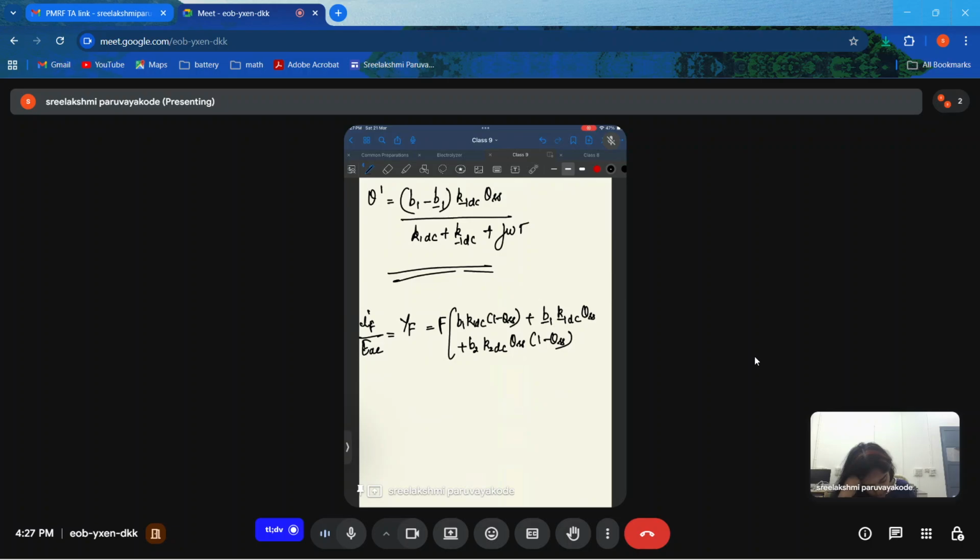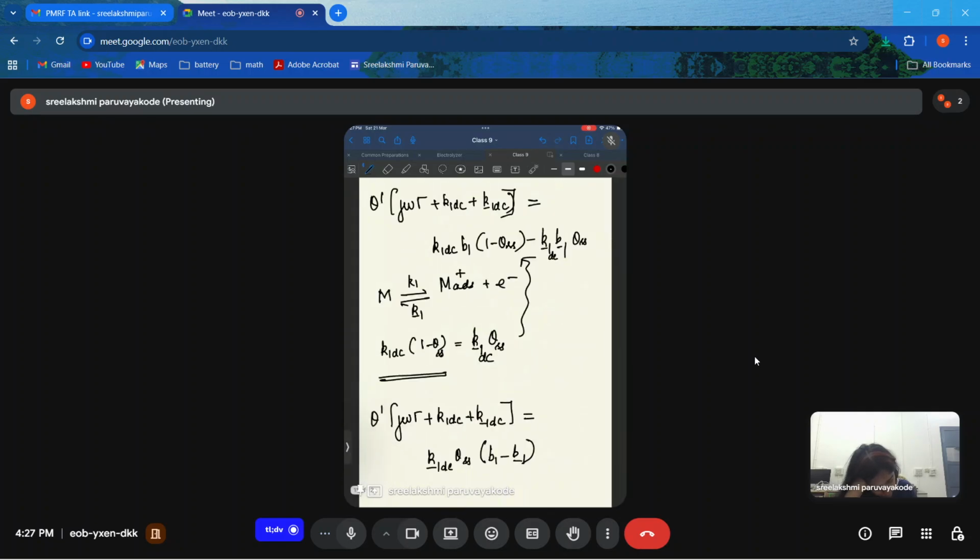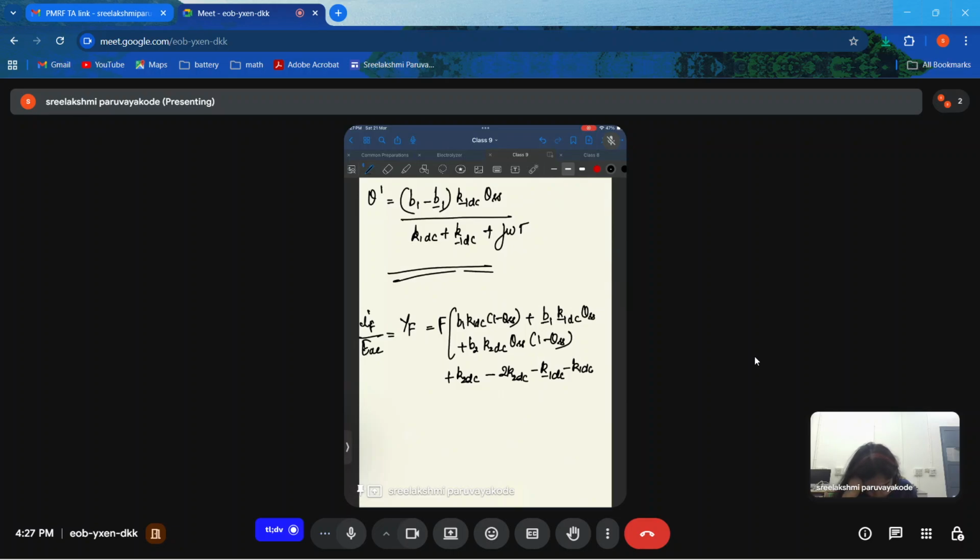So if I rearrange that, I'll get something like K2 dc, 2 K2 dc minus K minus 1 dc minus K1 dc into gamma theta dash, which is B1 minus B minus 1 K minus 1 dc theta SS by K1 dc plus K minus 1 dc J omega gamma. So this is the expression for YM.